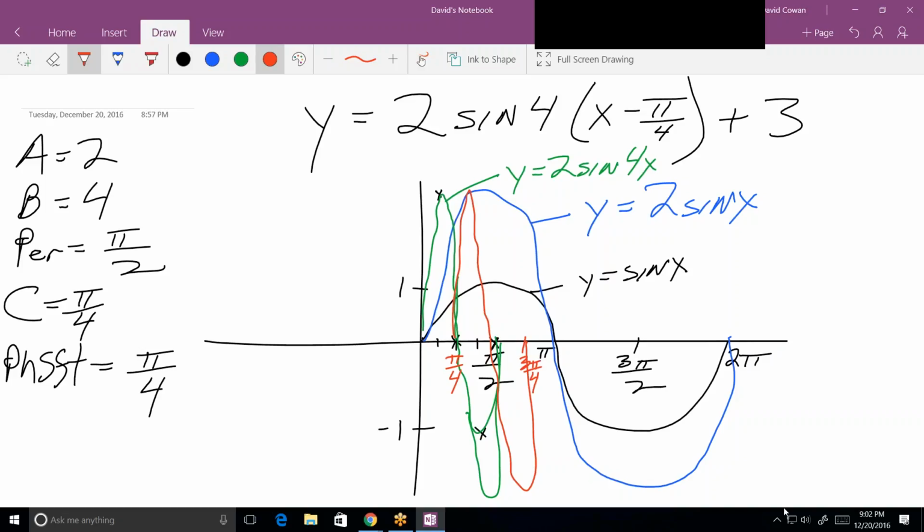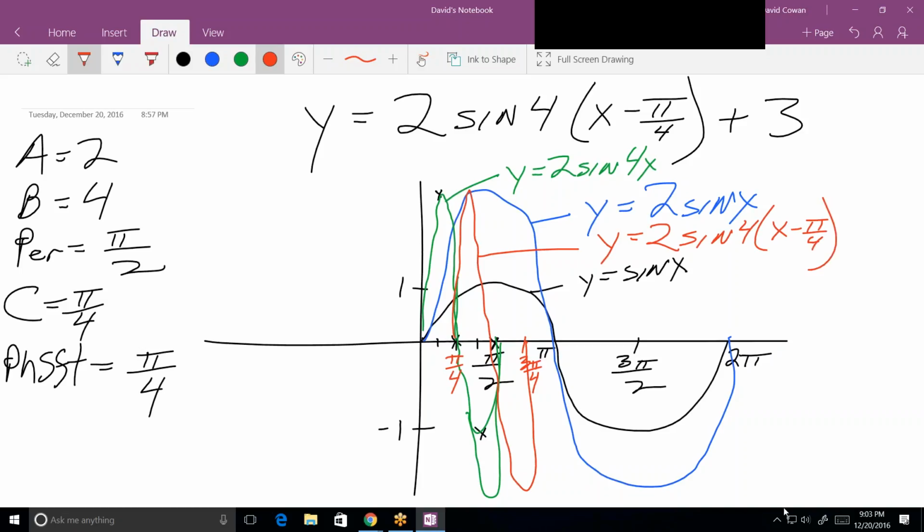The difference between pi over 4 and 3 pi over 4 is pi over 2. And that's what's important, is that we got the period right. It's got to be pi over 2 from the start to the new start of the next period. So my red line is now y equals 2 sine of 4 times x minus pi over 4.